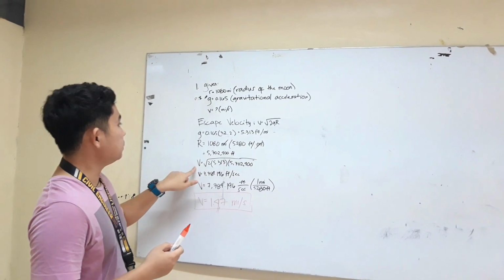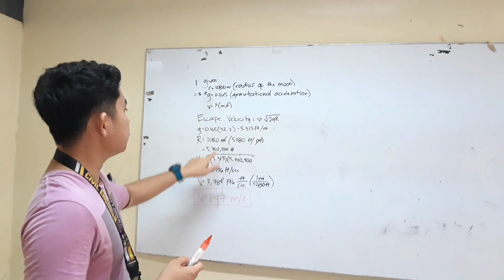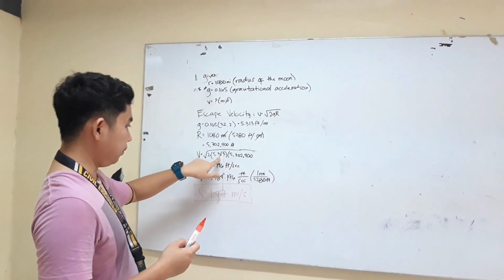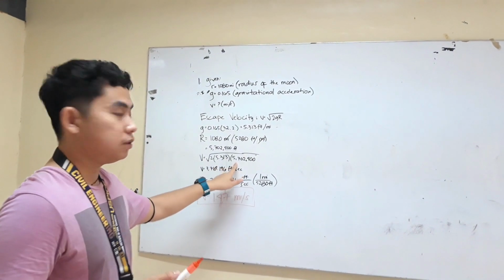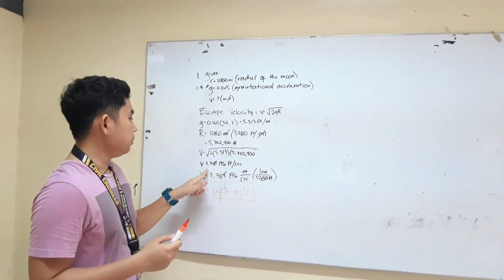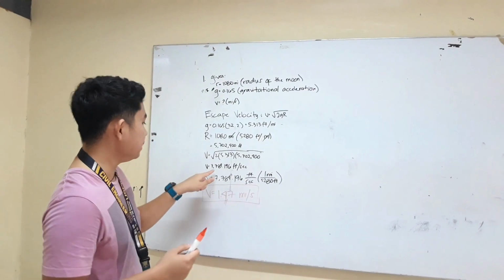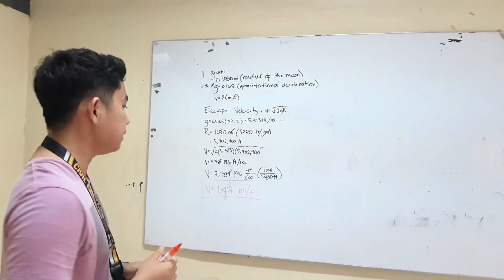Now we apply the formula. Escape velocity is equal to the square root of 2 times the gravitational acceleration, 5.313, times 5,702,400. We will get 7,784.196 feet per second.